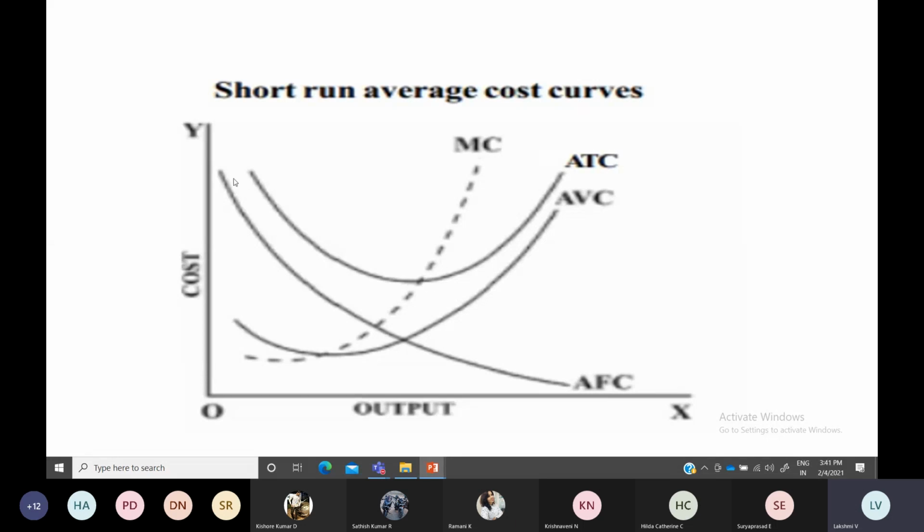So only average fixed cost keeps getting lower after each additional unit of output.